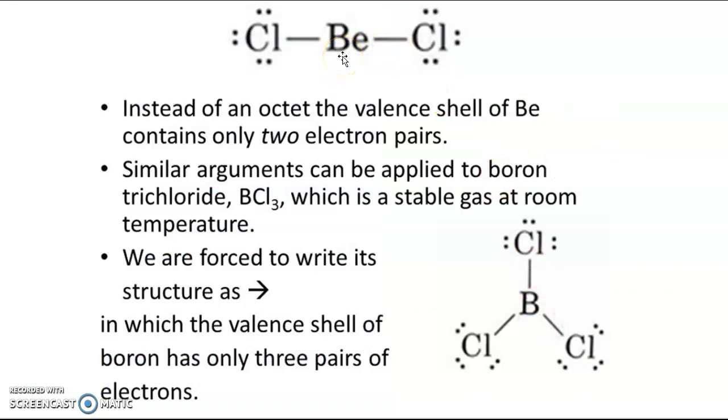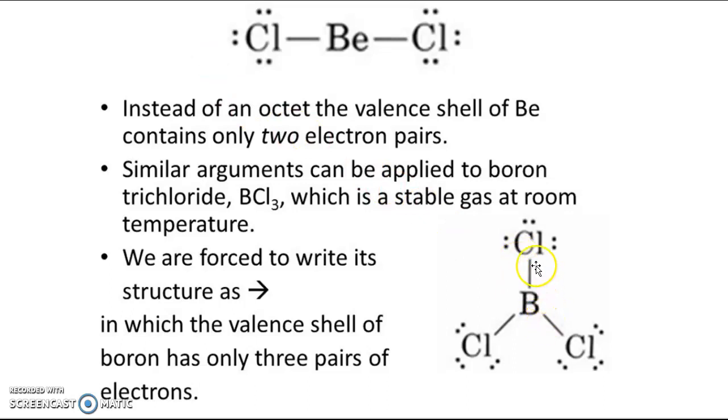In the case of beryllium chloride and boron trichloride, we have here the two forms of the molecule. Remember that this molecule is linear because the electrons try to be apart from each other in order to minimize the repulsion between electrons.